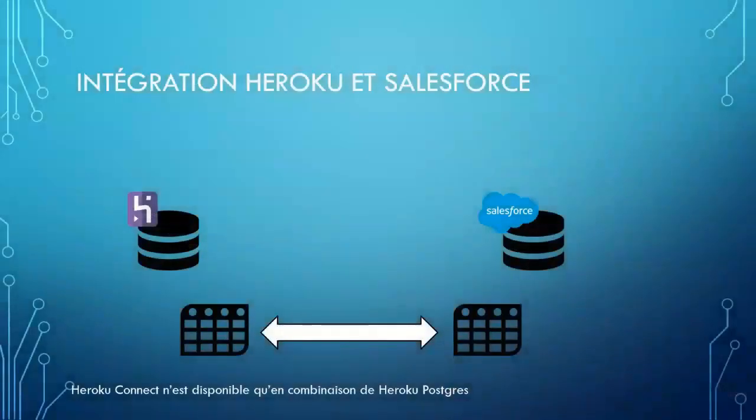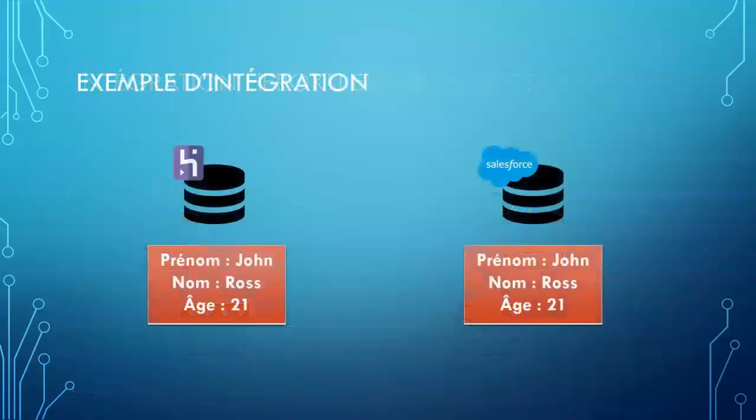Let's make an example of how this would work. Let's say you have a table with 3 fields: first name, last name, and age. Let's say we have someone named John Ross who is 21 years old. Pretend then there is a change on Heroku from 21 years old to 22 years old.